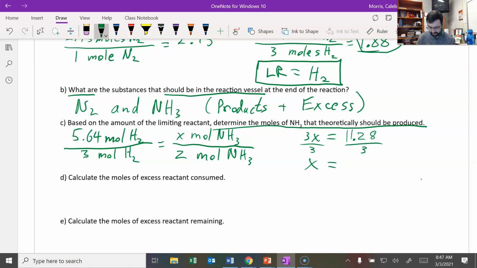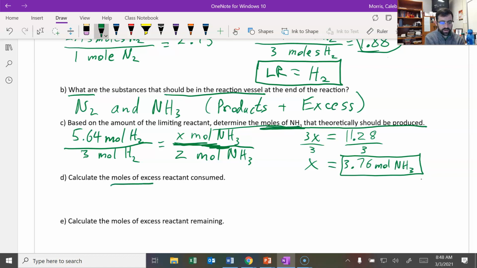When I round that to sig figs, I get 3.76 moles of NH3. To find your units, which are important, don't forget to look back at what the units for X were, moles of NH3, and make sure it's what you were looking for in the problem. I wanted to know moles of NH3.